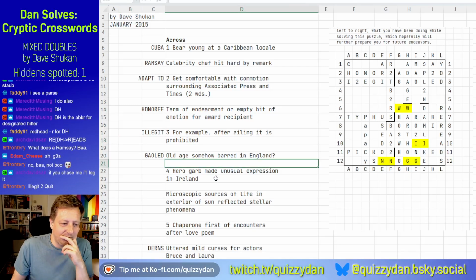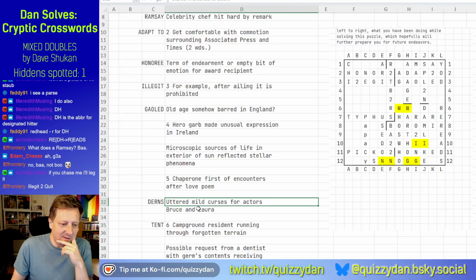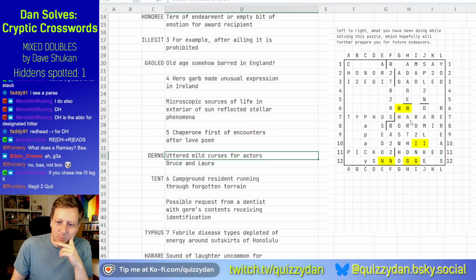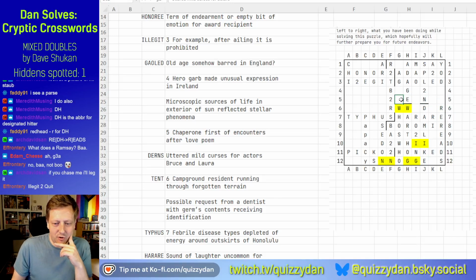Okay. Probably going to actually leave 4 and 5. Let's see if I can... Well, I can put in... Derns could go there, technically, but it's going to go here, and there's going to be a stretch of either the N or the S, I would say.